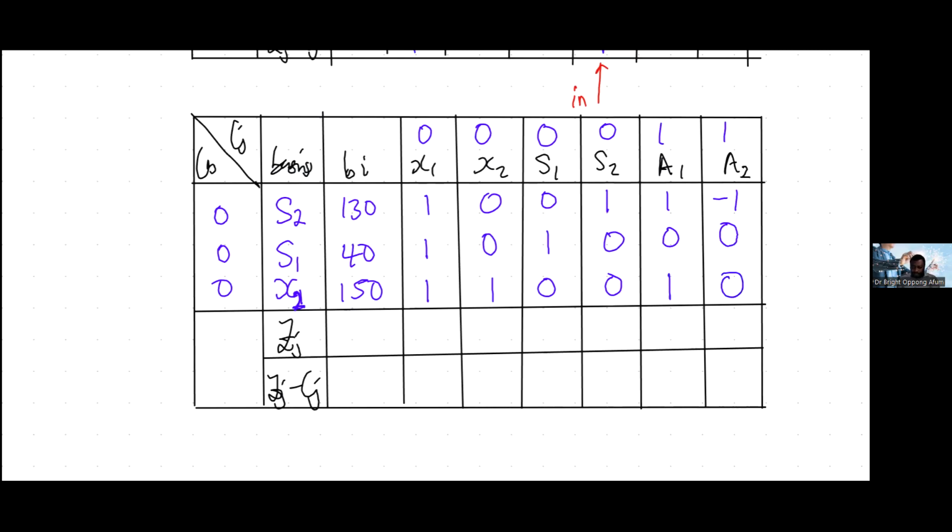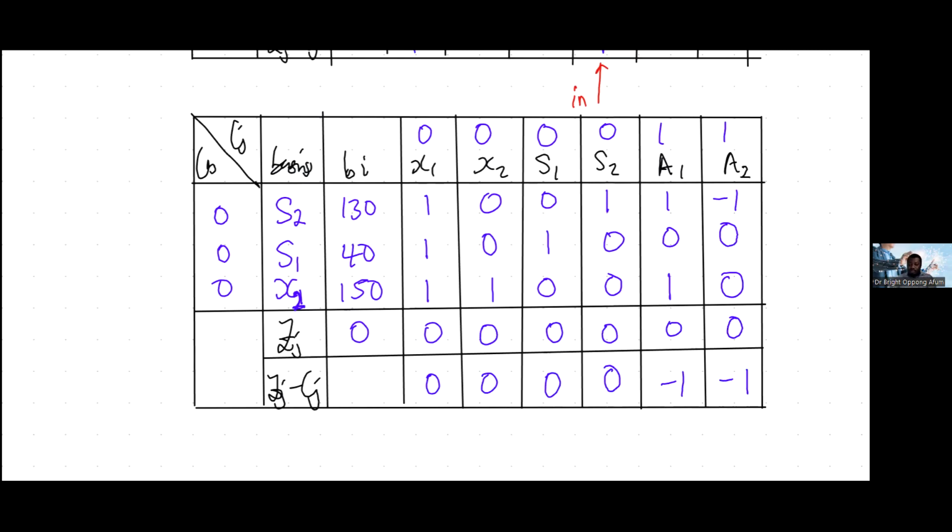All right. So when you compute this, the Z is now minimized at 0. Then the Zj minus Cj, this is 0, 0, S1 is 0, S2 is also 0. A1, 0 minus 1, negative 1, and negative 1.